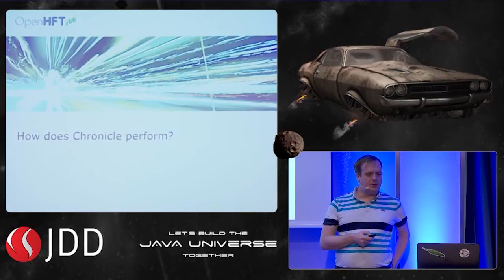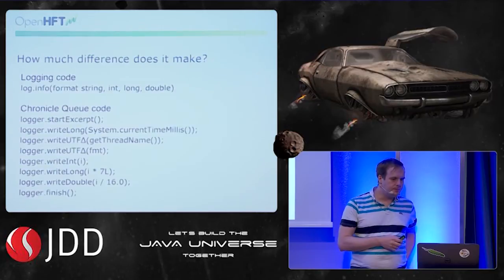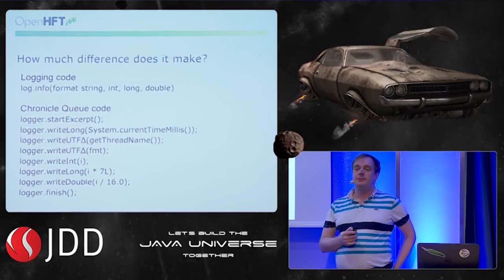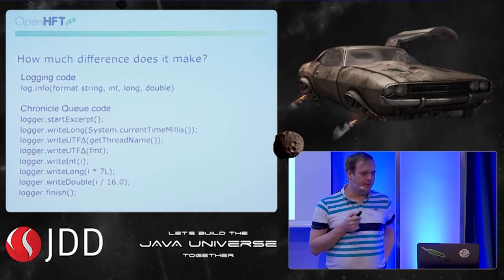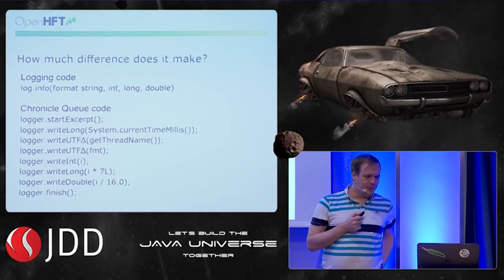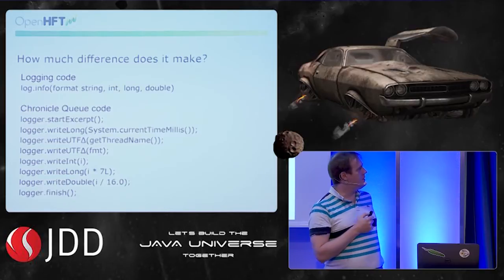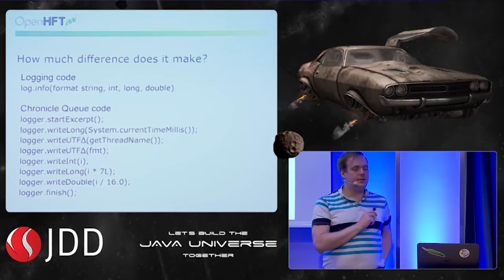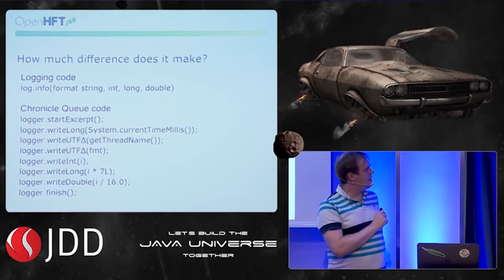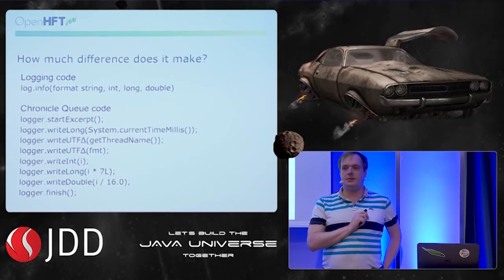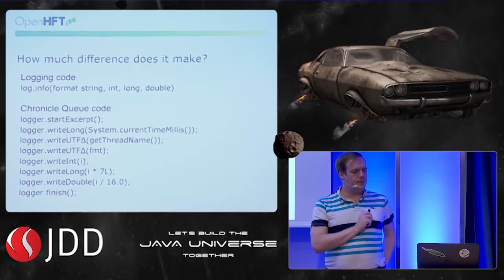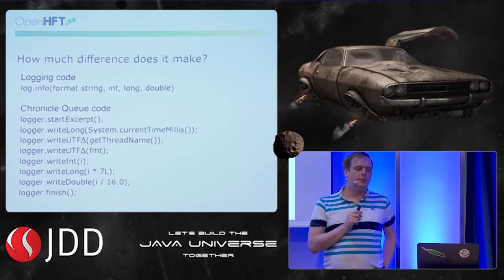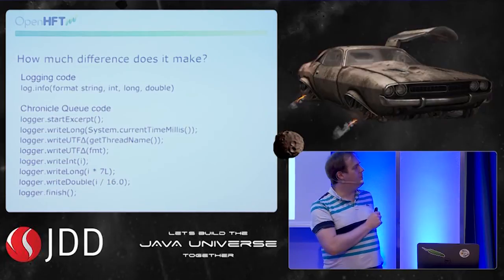So coming on to performance. Why would I use logger rather than the underlying library? Here's a good example. If you use logger, of course, you've got code that you've written already, and this is the example I benchmarked. It's a single log line, it's a lot simpler to use logging. Now, the underlying library is a lot more efficient, but you have to write quite a bit more code.